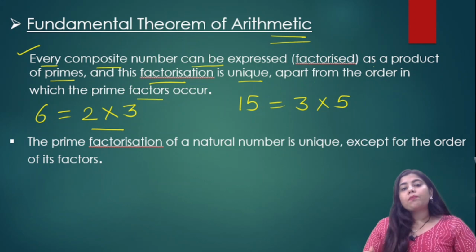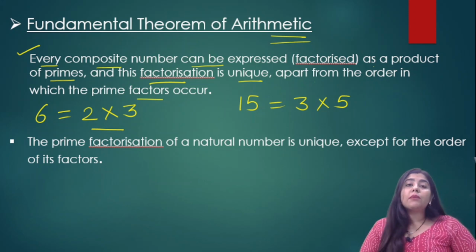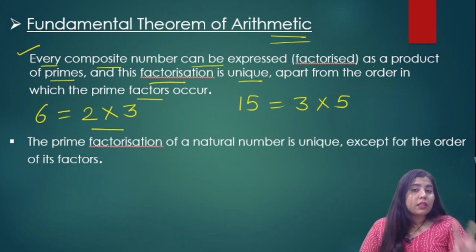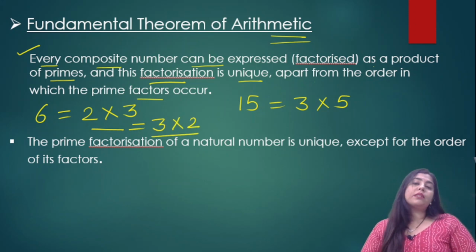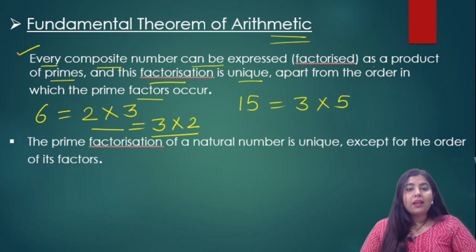What does it mean? See, we factorized 6 and 15 as the product of primes. Now this factorization is unique. Unique means we can write 6 only as the product of these two prime numbers, 2 and 3. There is no other way to write 6 as the product of primes. Apart from that, if we change the order of these prime numbers, 3 multiply 2, we can write 6 in 2 ways, 2 multiply 3 and 3 multiply 2, right?